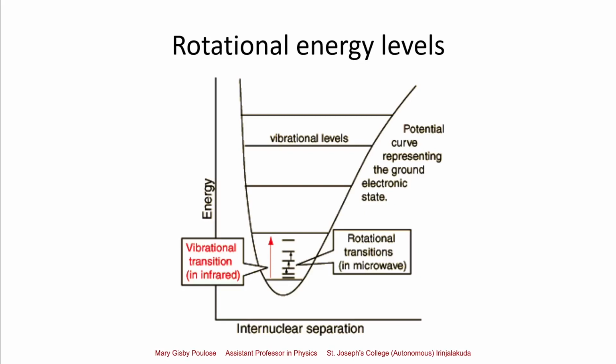Now let us have an understanding of the range of the rotational energy levels. This diagram shows the energy spectrum, and when the molecule is excited, it may rotate, may vibrate, and it may have electronic energies.